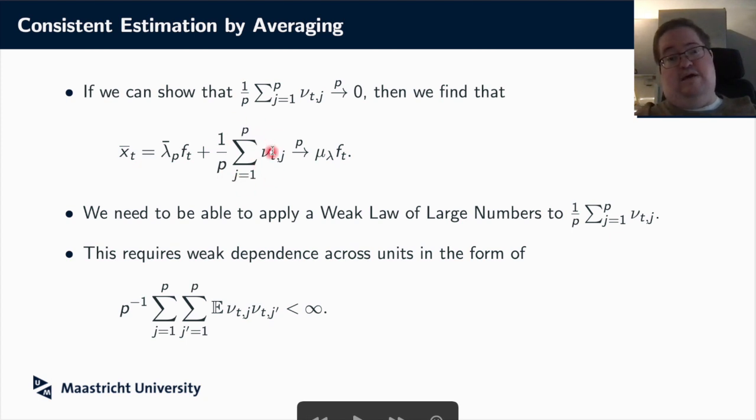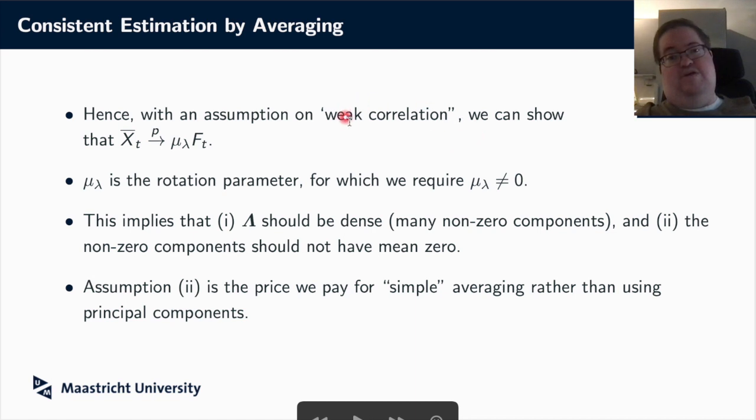Well, when can we apply a law of large numbers? Well, think about the time series case. You can allow for some dependence, but the dependence should not be too strong. So in particular, we need this form of weak dependence, and if that holds, we can apply this law of large numbers to our idiosyncratic error terms. So if we have this weak dependence assumption, we can prove that the sample mean converges to a rotation of the true factor.